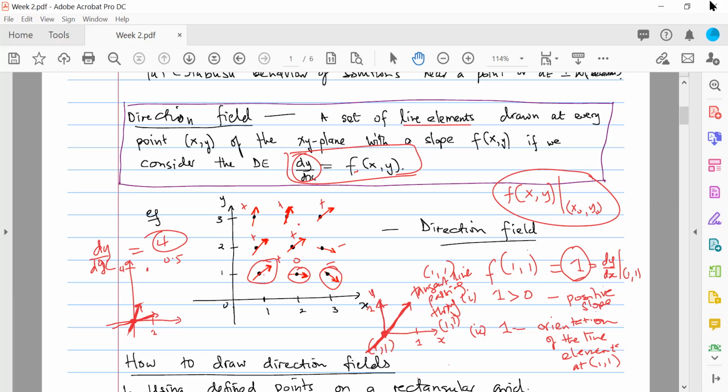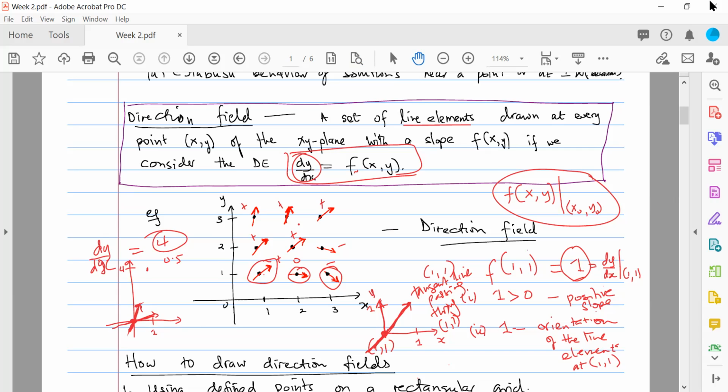If we know how the value of the slope tells us whether it's positive or negative, and the orientation depends on the size of the slope, the line element could be leaning towards the vertical axis or towards the horizontal axis.